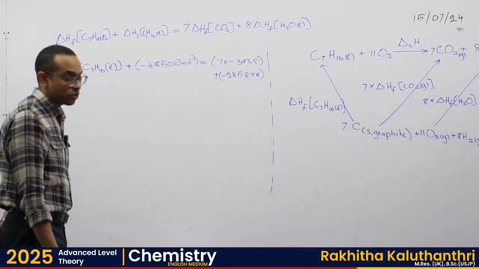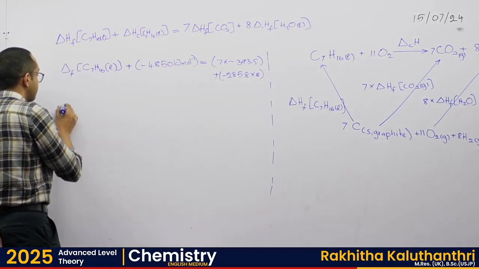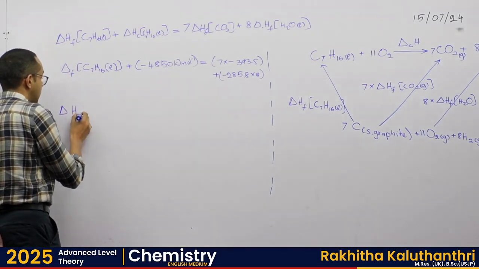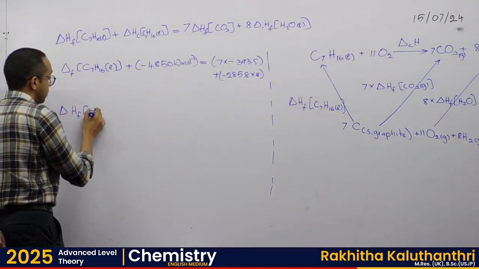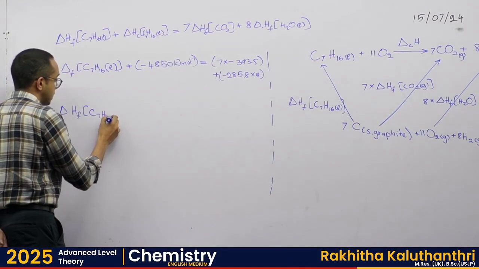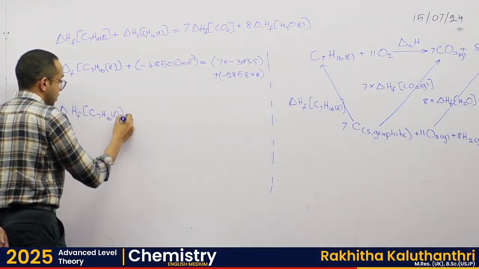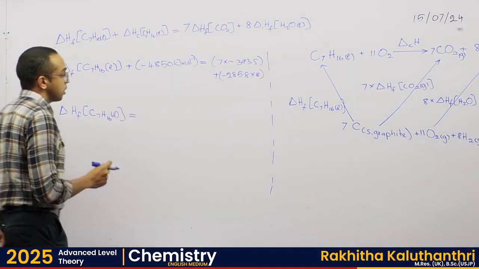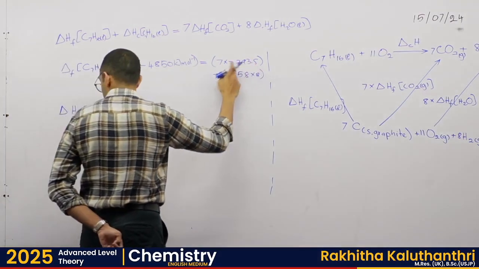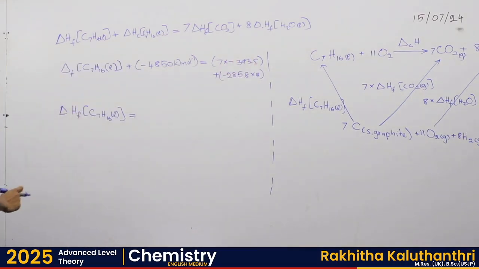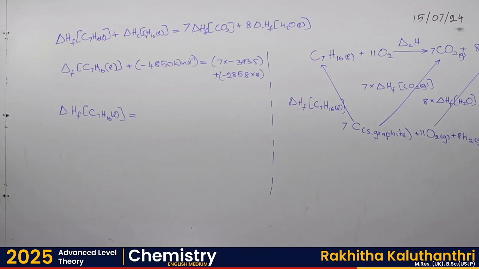Is that clear? So now when you do this, we are finding delta HF of C7H16 liquid. First of all, can someone tell me what you got when you multiplied these values? We can do the multiplication here, but I don't want to take the time to do it. These are simple multiplications, so I'll quickly get you the answer.